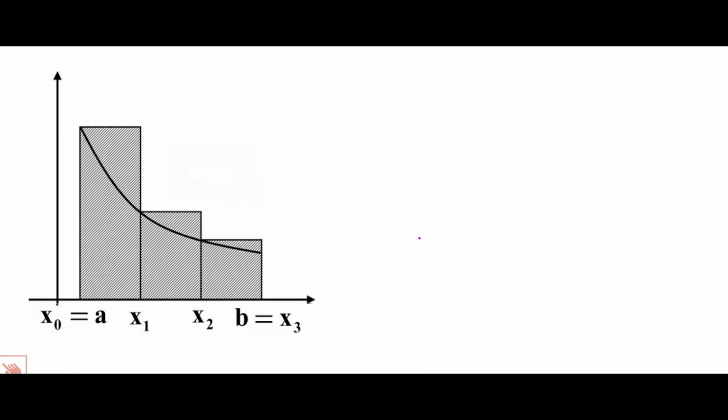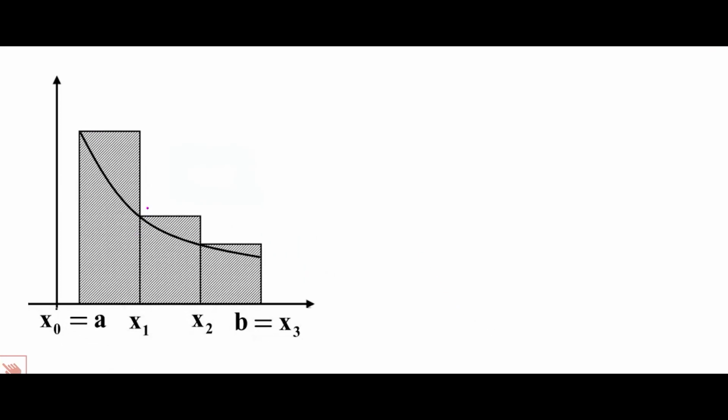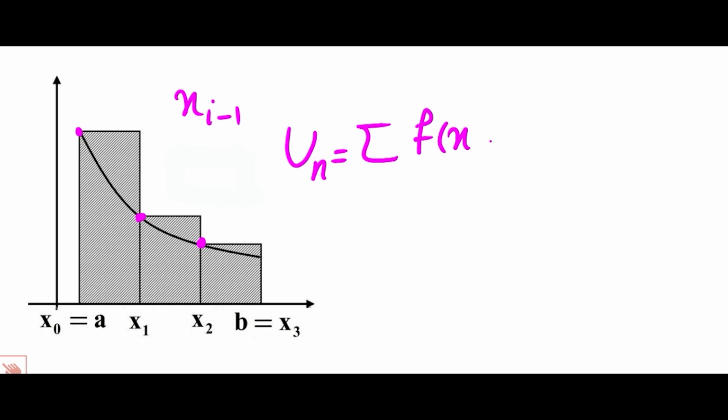And in this graph, to get the highest possible rectangles, we must use the left endpoints, meaning x i minus 1, as they represent the maximum value in a decreasing slope. So we have the upper sum: U n equals the sum of f of x i minus 1 times delta x from i equals 1 to 3.